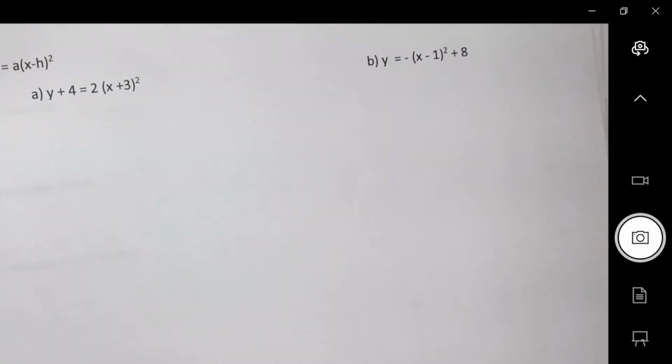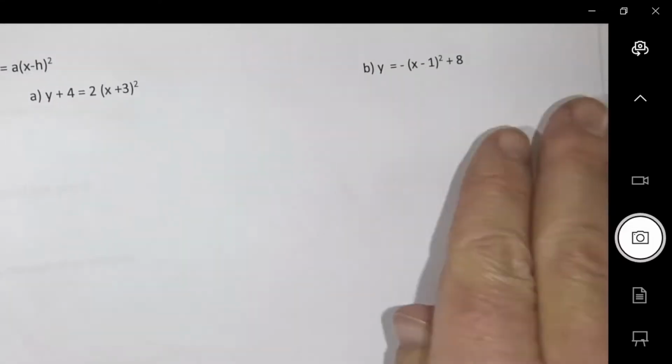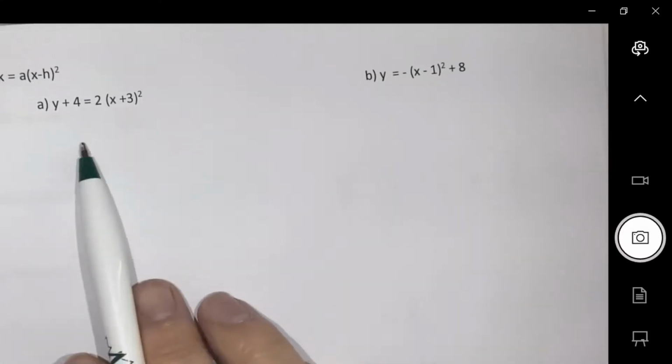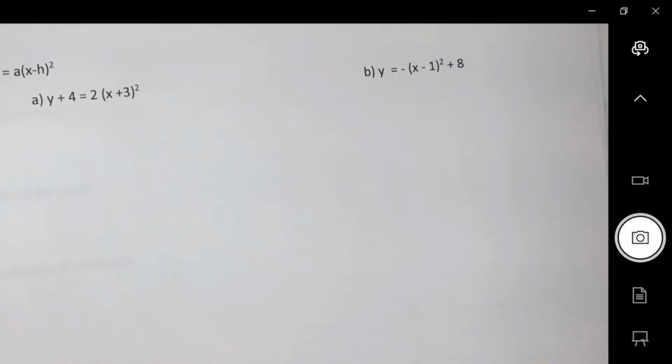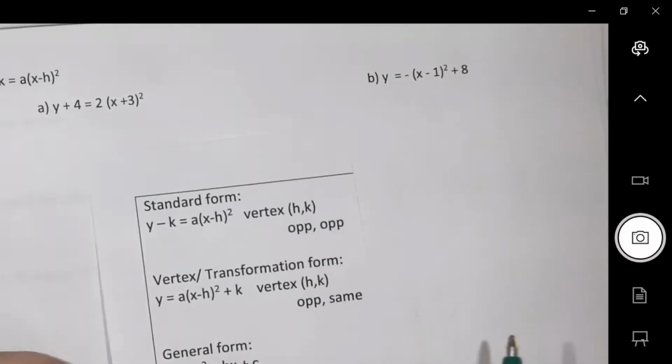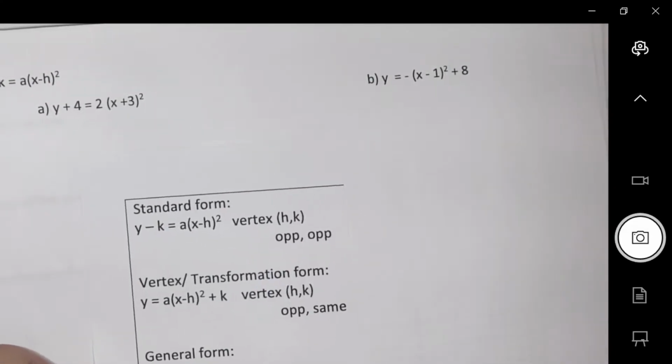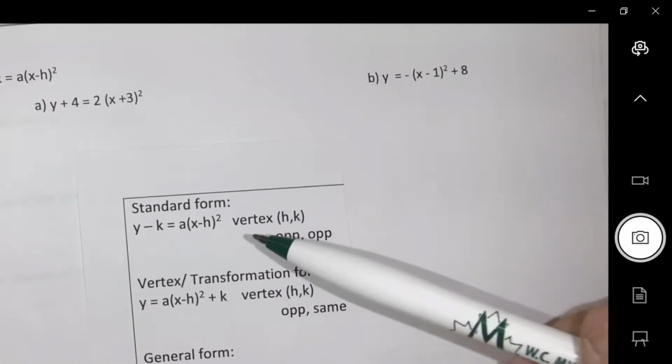Okay. Vertex. Let's do the vertex of this and the vertex of that. This one looks like the first.